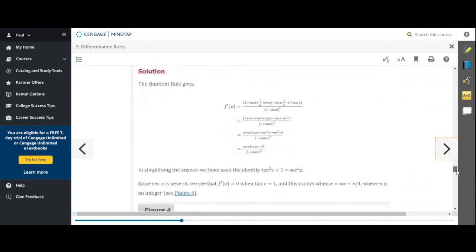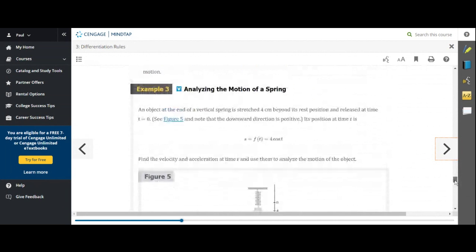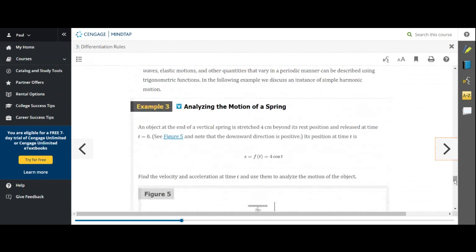They talk about an application analyzing the motion of a spring, and this is going to be important for engineering and physics classes. They talk about an object at the end of a vertical spring that's stretched 4 centimeters beyond its rest position and released at time t. Its position at time t is s equals 4 cosine of t.